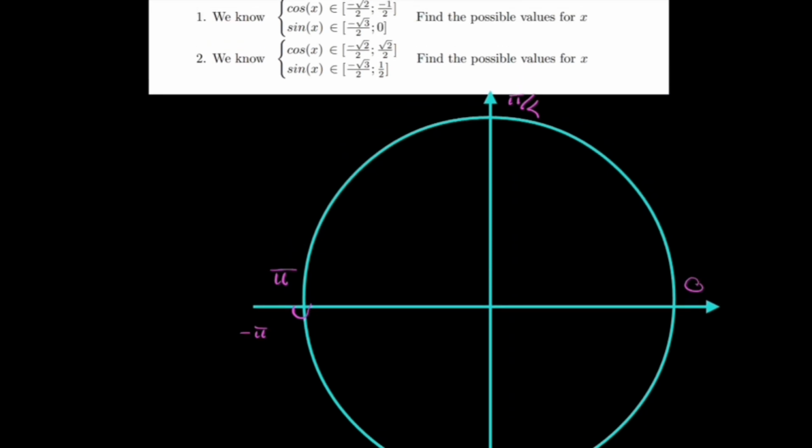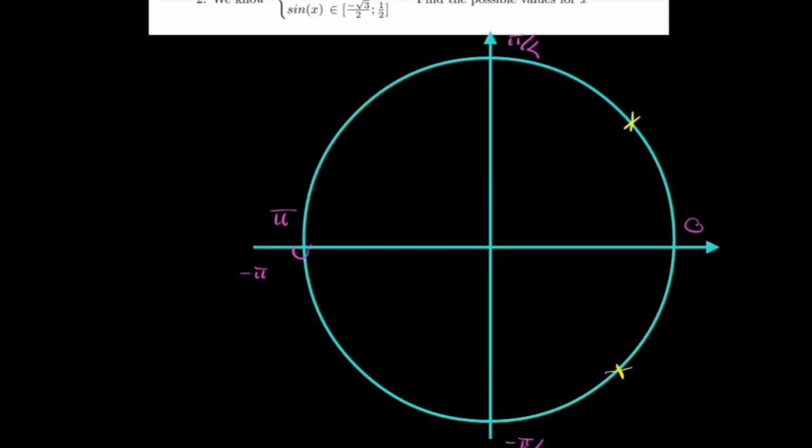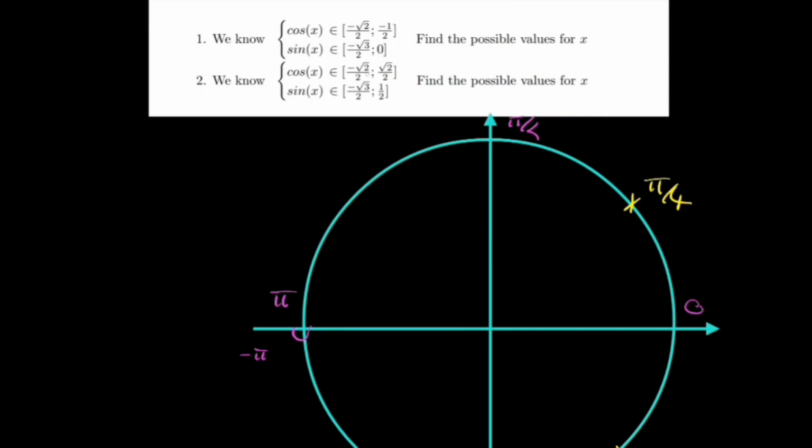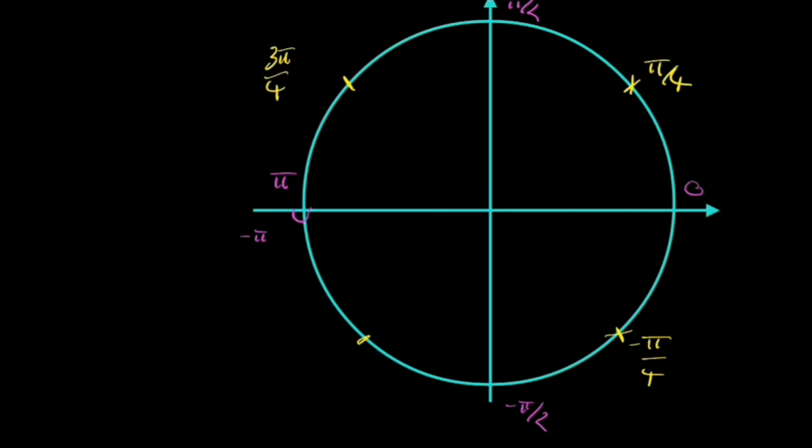What are the important values here? This is first the cosinus between minus square root of 2 over 2 and square root of 2 over 2. This happens, so for square root of 2 over 2, we've got those two specific points, minus pi over 4 and pi over 4. And for the other border value, minus square root of 2 over 2, this happens in 3 pi over 4 and minus 3 pi over 4.